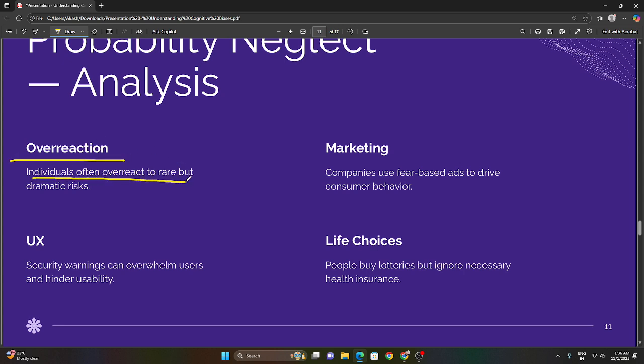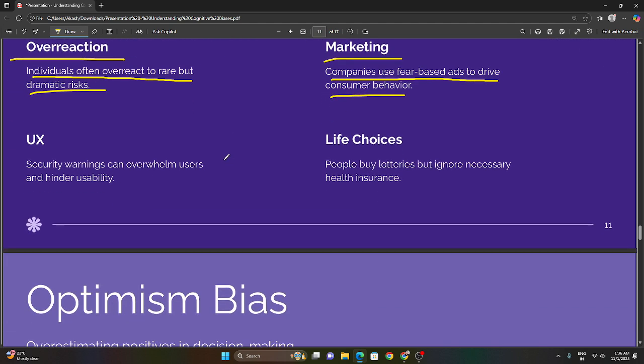So, probability neglect analysis, overreaction. Individuals often overreact to rare but dramatic risks. Marketing: companies use fear based ads to drive consumer behavior. UX: security warnings can overwhelm users and hinder usability.